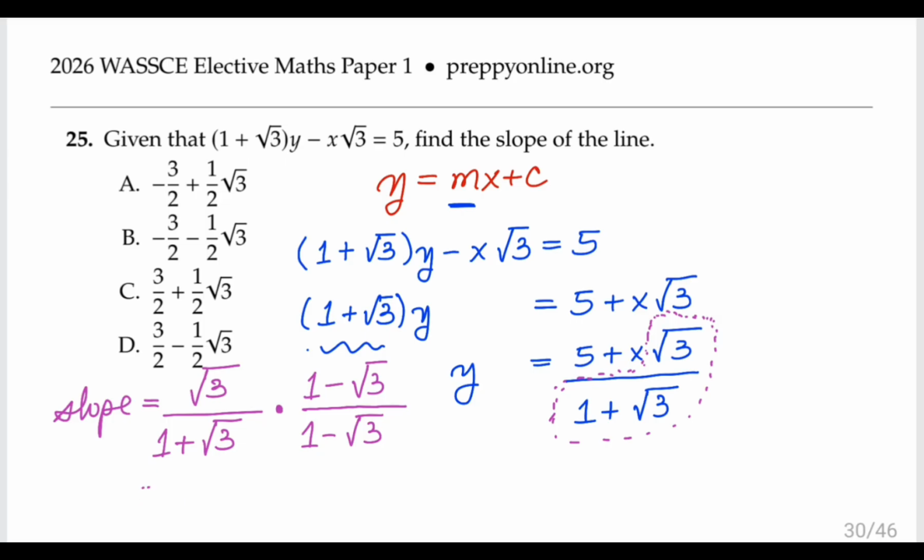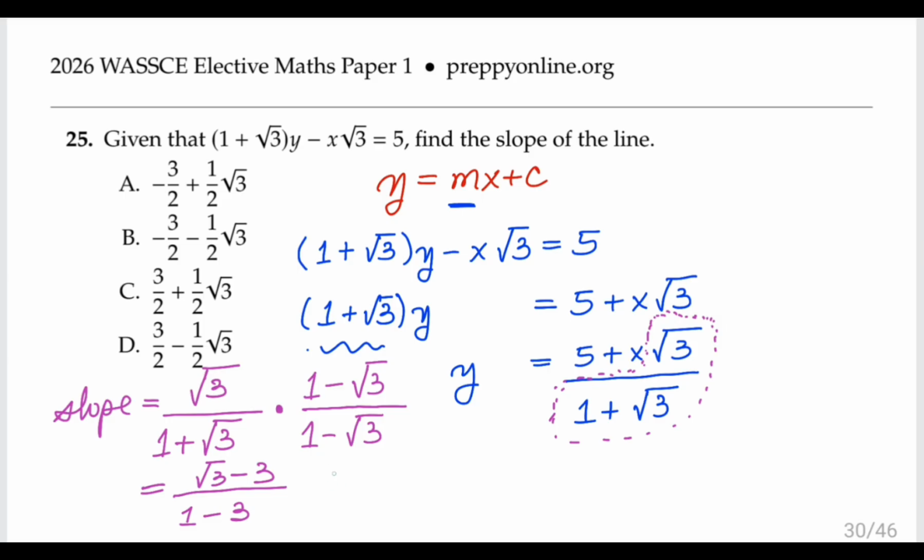When you do this, what do you get? You get square root of 3 minus square root of 3 times square root of 3 is 3 minus 3. And then here you have in the denominator a difference of 2 squares. So you have 1 minus the square of the square root of 3, which is 3. So you're going to get this.